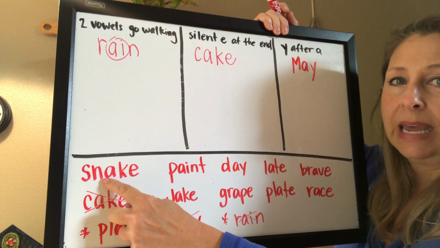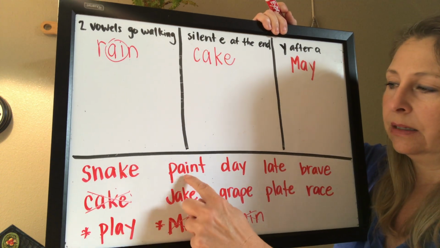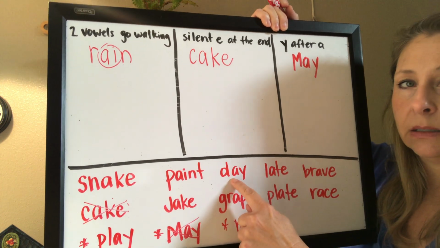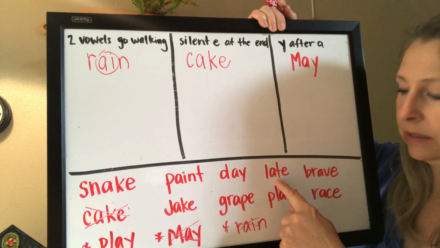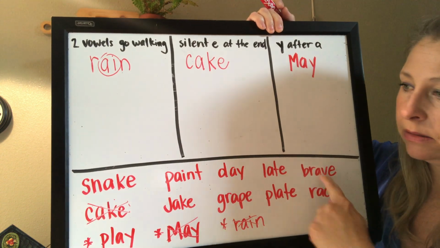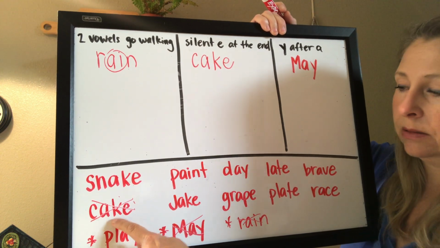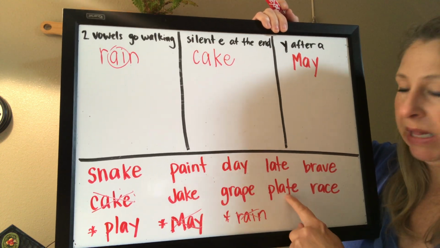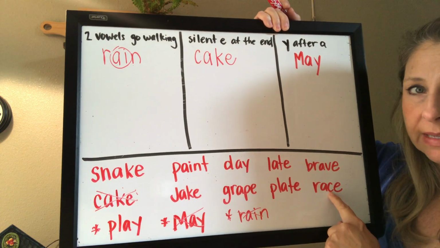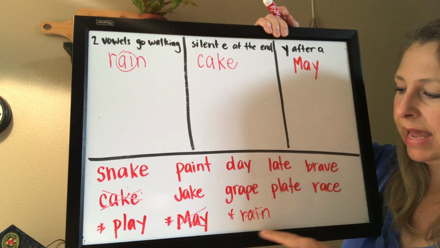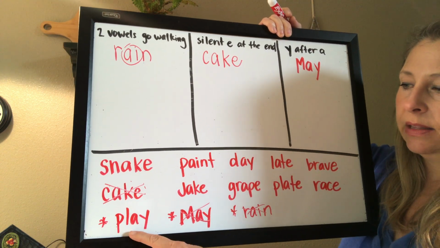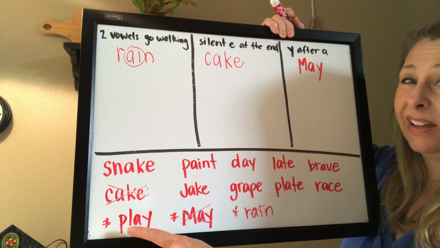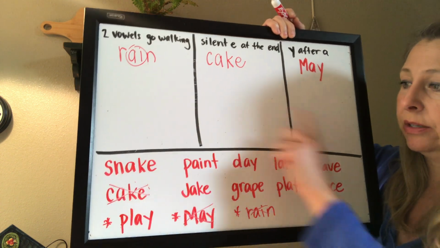So this is snake, paint, day, late, brave, cake, Jake, grape, plate, race. And then these ones I added on the end because they follow rules that we use quite a bit, and they're not in the book, but I wanted you to place them on the chart here.